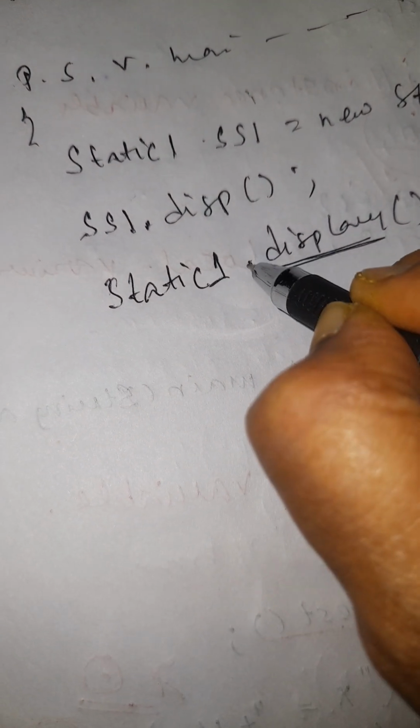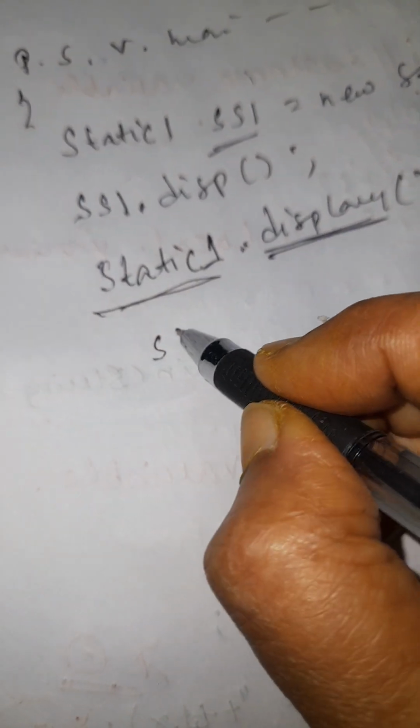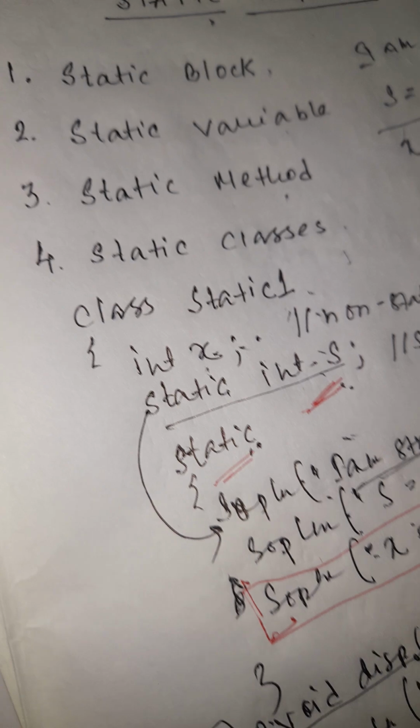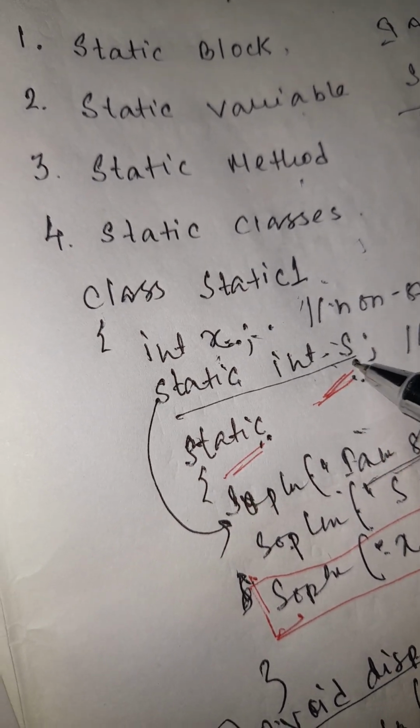As display is a class method, you should call it with the help of the class name, not with the help of the object. If you want to write ss1.x equal to 100, this is possible. Why? Because x is a non-static member variable. If you want to use s, how should you call it?